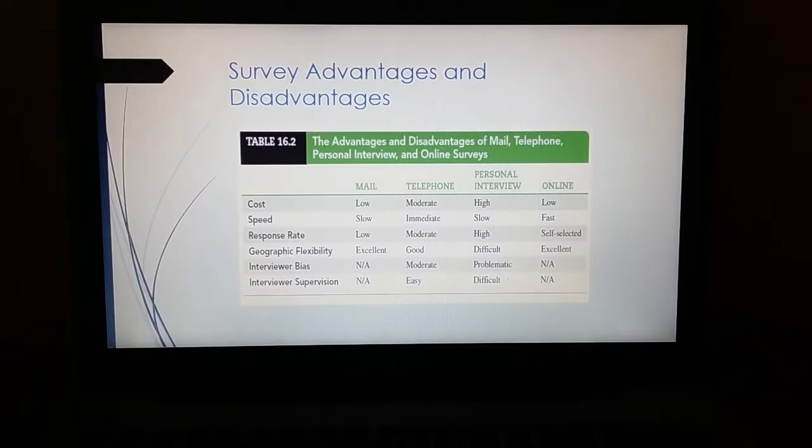Look at this chart also from the book, looking at the cost, the speed, response rate, interviewer bias, that kind of thing. So these are all things that marketers are interested in looking at when they're designing something.